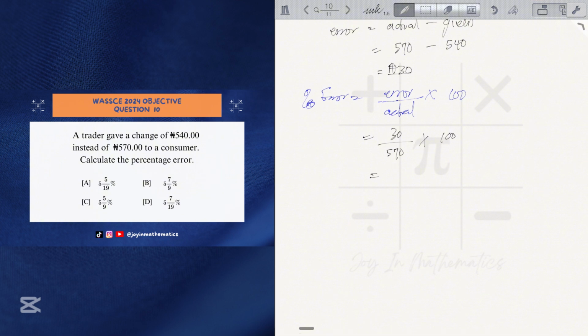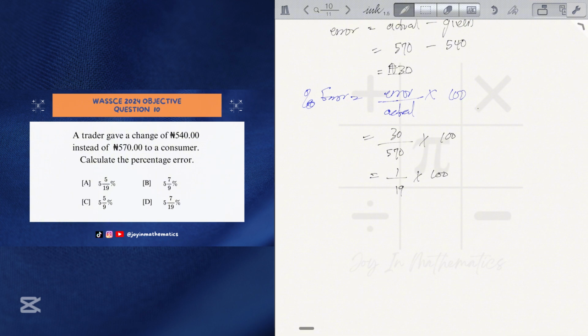Now, before we proceed to simplify, we can see that our options are in fraction. So we must ensure that we have the answer in fraction. So simplifying further, 30 divided by 570, we'll have 1 divided by 19 multiplied by 100%.